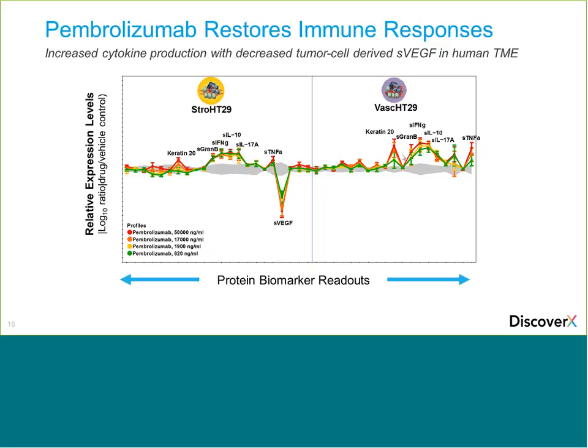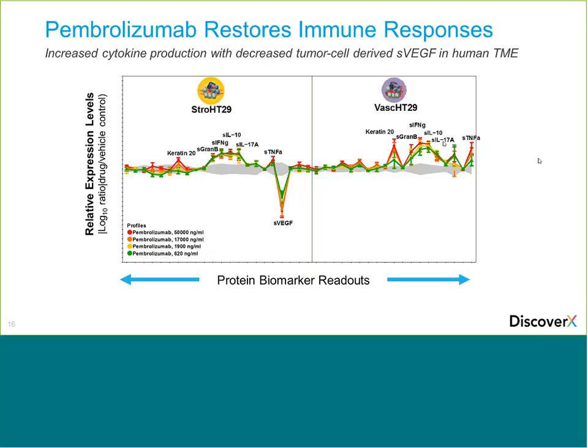This is really exciting because it is exactly what we would expect based on the mechanism of action of this drug, alleviating or recovering this immune function that has been suppressed by the presence of a human tumor.